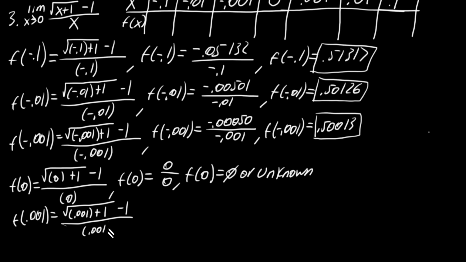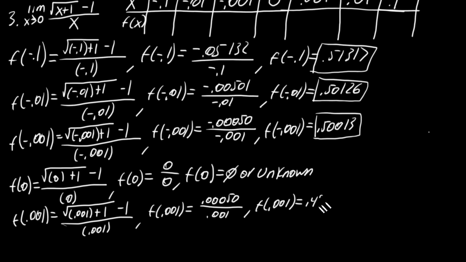In this situation, we're going to get that the value of our numerator is going to be 0.00050 all over 0.001, we do our division, and we get an answer that is 0.49988.